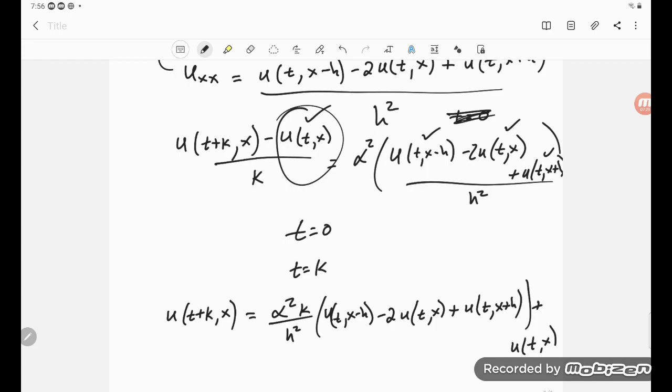Okay, so from there, I move that to the other side.